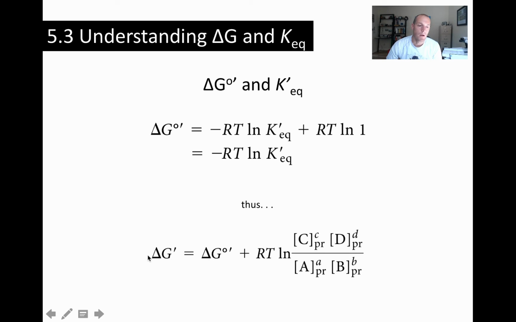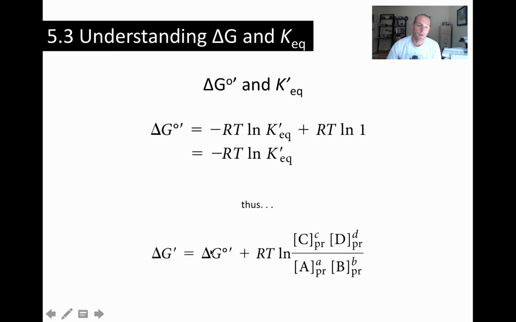Delta G prime takes into account the prevailing conditions. So these are the concentrations you would find in the cell. Now we've got to take into account the standard conditions, but then we add in this function here, which you've seen before. So delta G 0 prime is this value here, and you saw this equation earlier, and it just substitutes in here.